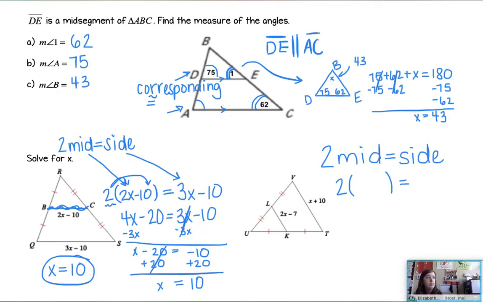Very good. Good job, Lizzie. Good job, Enrique. Beautiful. So my midsegment is that spot that goes through the center, that 2x minus 7. That's going to go in for my midsegment.